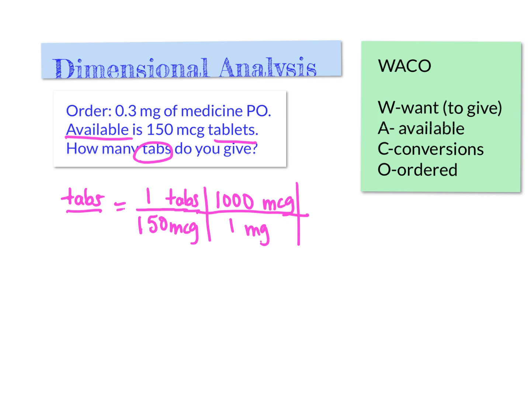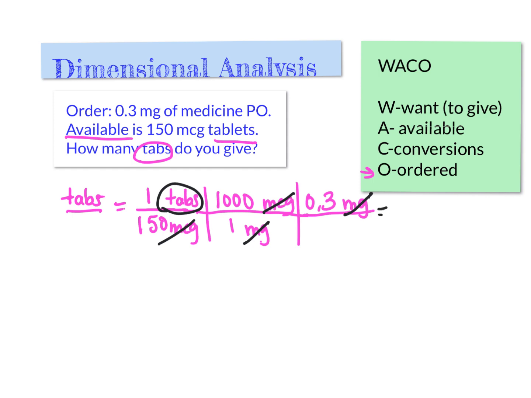No, because now I need to be able to cross out milligrams because I want tablets only. So I'm going to have to put milligrams up here so I can cross it out. Now, what's ordered? I have 0.3 milligrams. And there you go. Can I cross everything out? Yes, I'm left with just tabs, which is what I want to give.